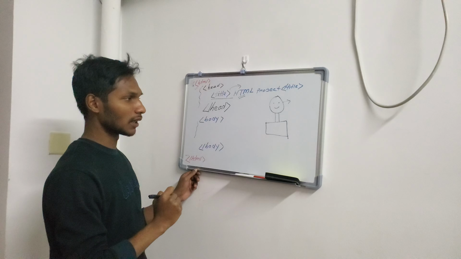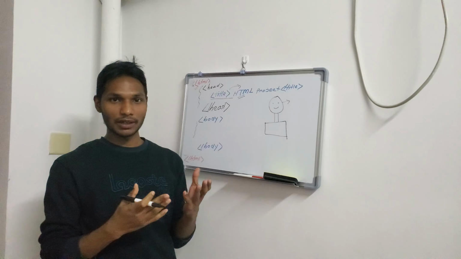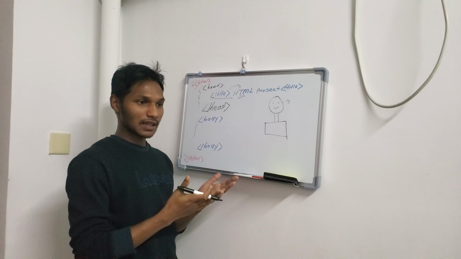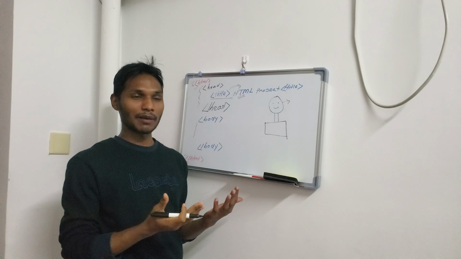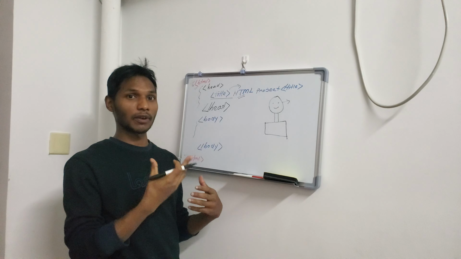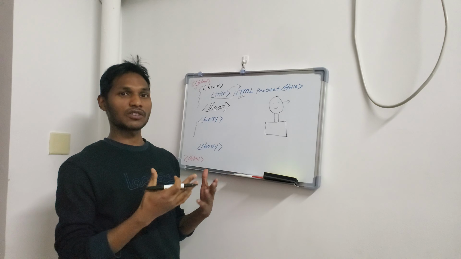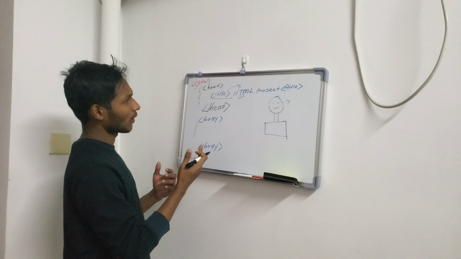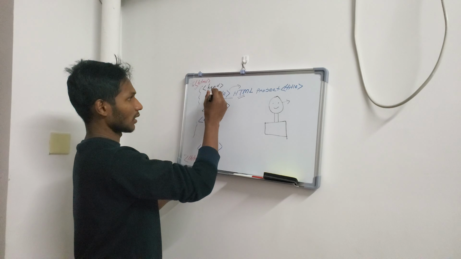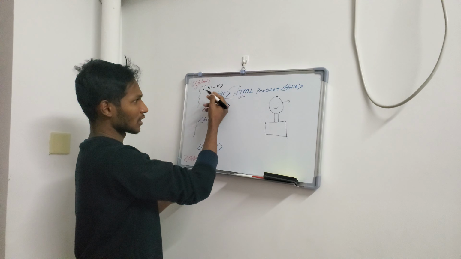And most importantly, the HTML template is the basic structure, or you can say the skeleton of a web page. But we have to add color and different types of animation. That's why we have to add lots of files, for example CSS, Bootstrap, JavaScript. All our files are added in this head section.